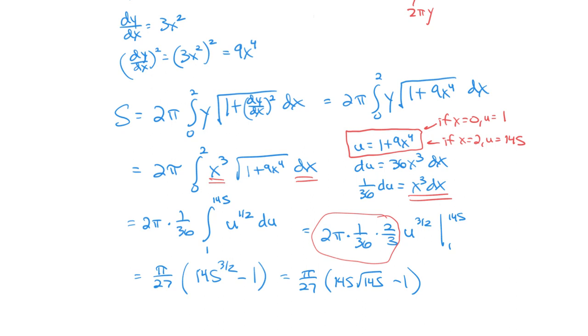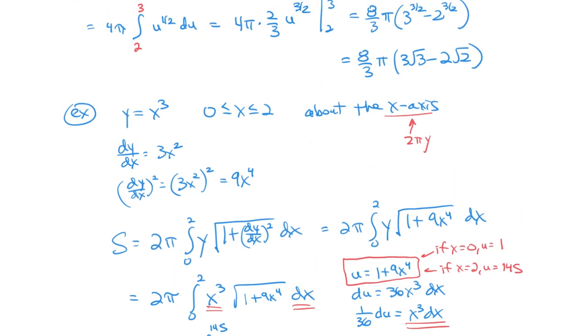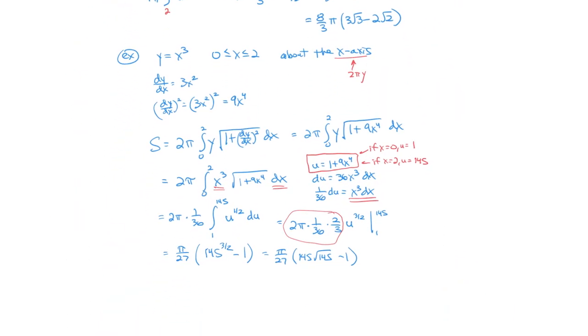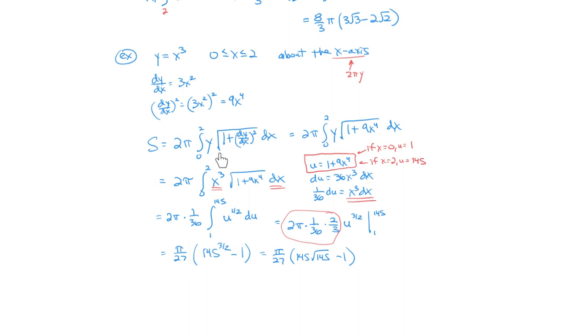But if you really wanted to use the other version of ds, remember, when we set up this problem, we used this version of ds. We used the square root of 1 plus dy dx squared dx. But we could, if we wanted to, use the square root of 1 plus dx dy squared dy.